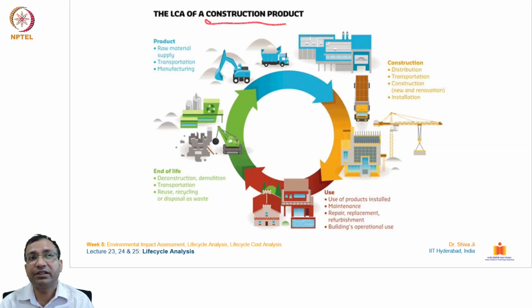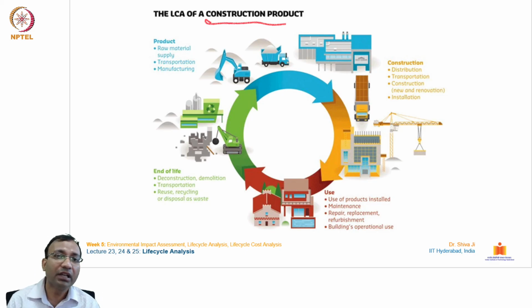So we will see the life cycle of a construction project in detail over here. You see the product stage: raw material supply, transportation, manufacturing takes place. Then it goes for the construction phase: distribution, transportation, construction, new build and renovation, whether it is a new building or a renovation of an old building.